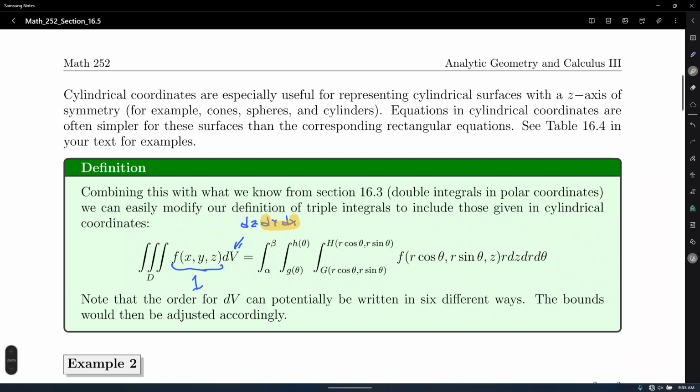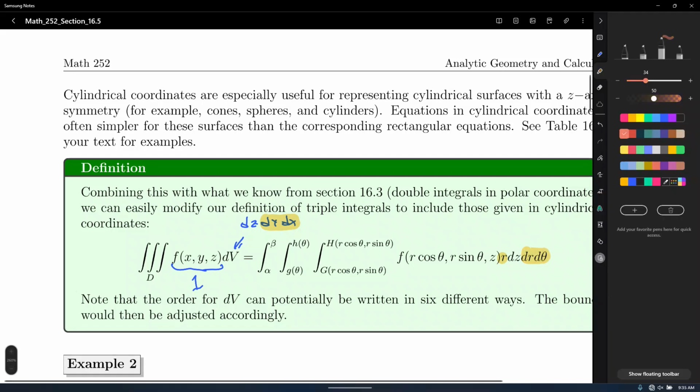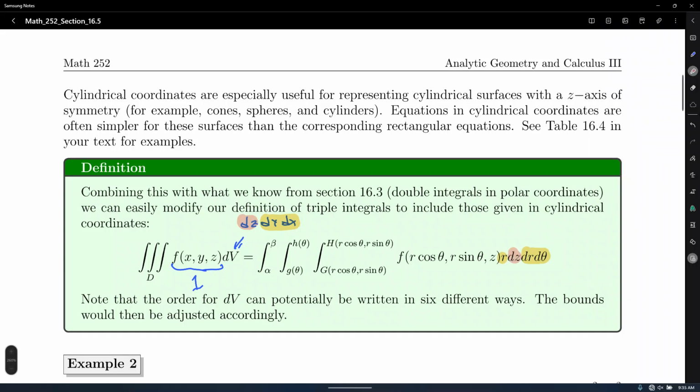Remember, dy dx, what did that become in polar? Didn't that become r dr d theta? Which is here, r dr d theta. On the other hand, dz simply remains dz. So that's what the differential dz dy dx becomes: r dz dr d theta.